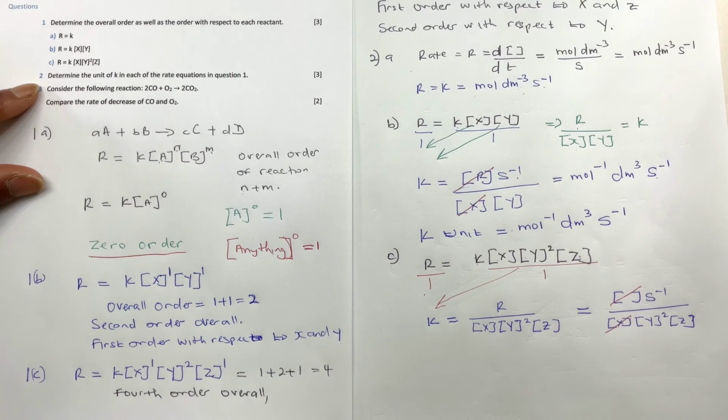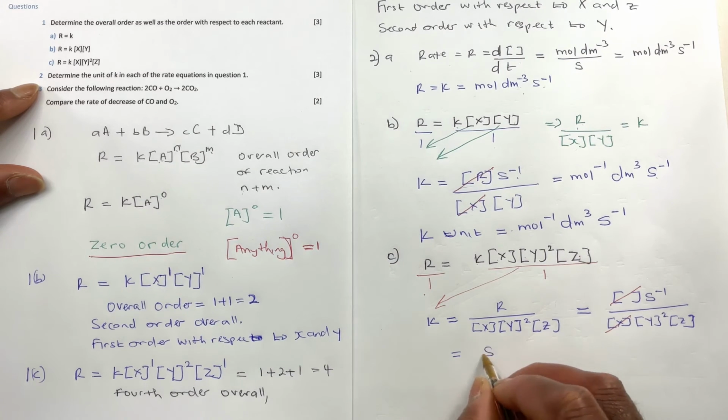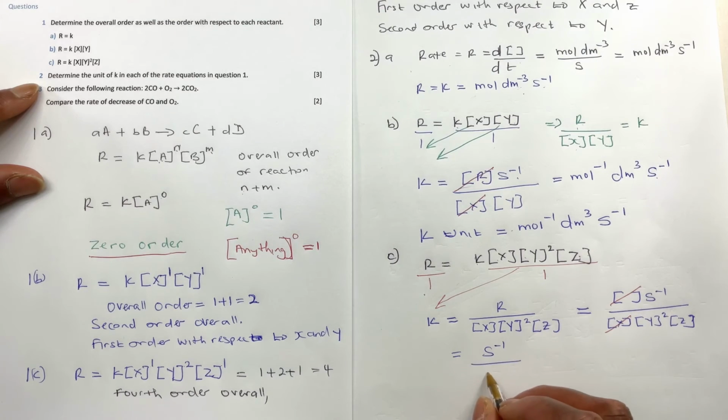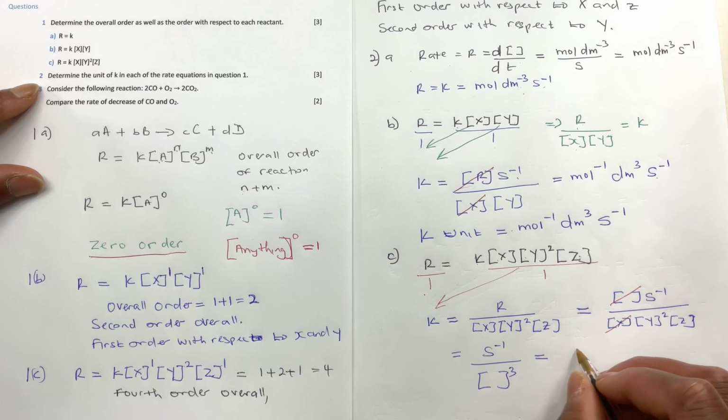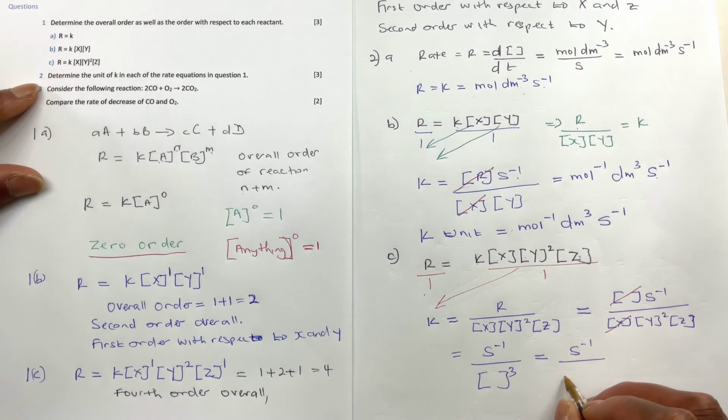So what we have now is per seconds over concentration cube, which means per second over mole per decimeter cube, or cube.